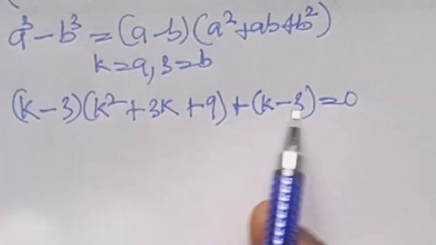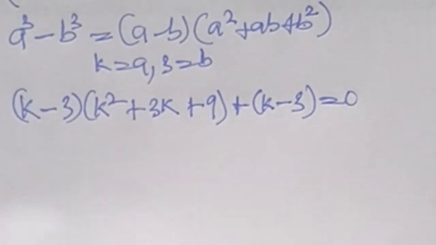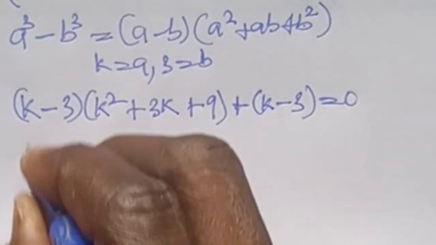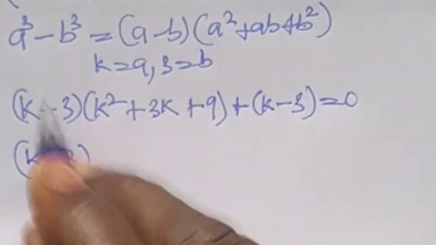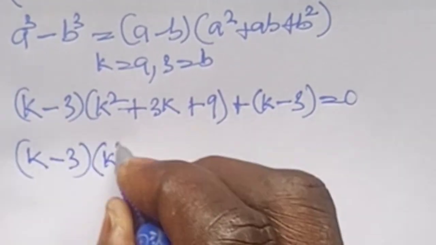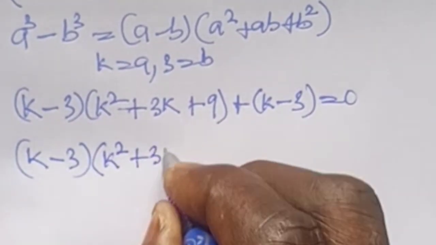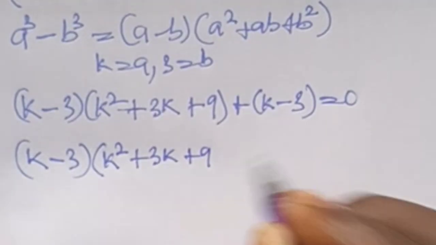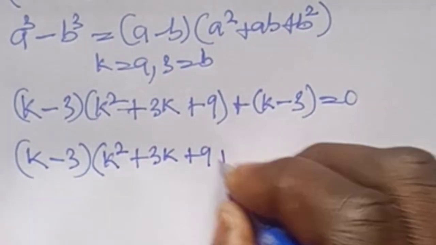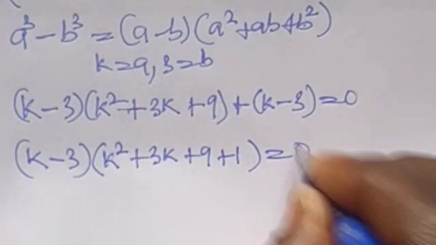So if we factor out k minus 3, since it's common to both terms, we're going to have our next line as k minus 3, close this bracket, and this whole term divided by k minus 3, it will be left with k to the power of 2 plus 3k plus 9, and k minus 3 divided by k minus 3 will be 1, is all equal to 0.